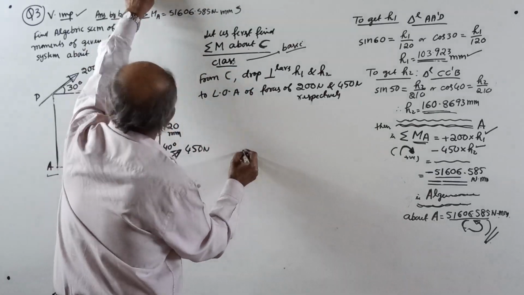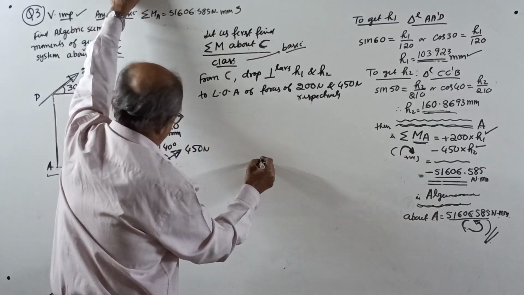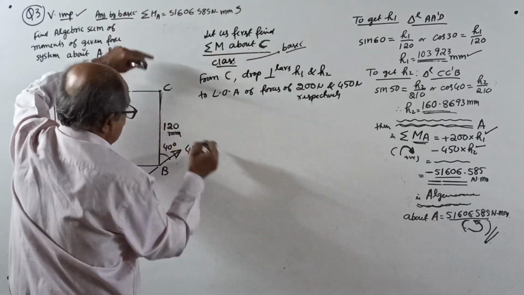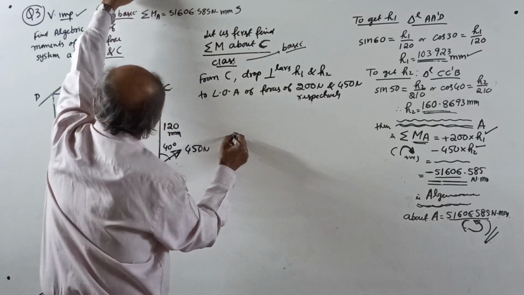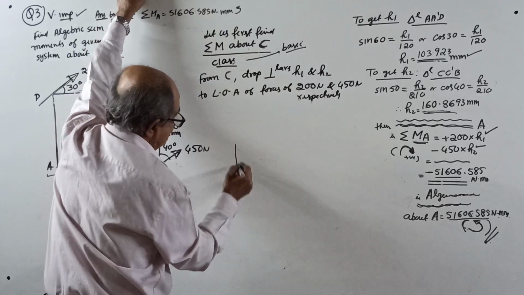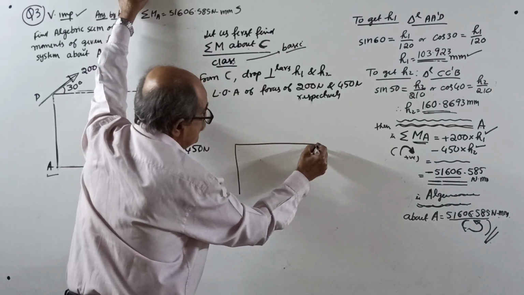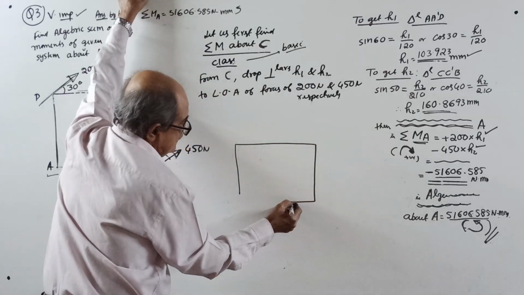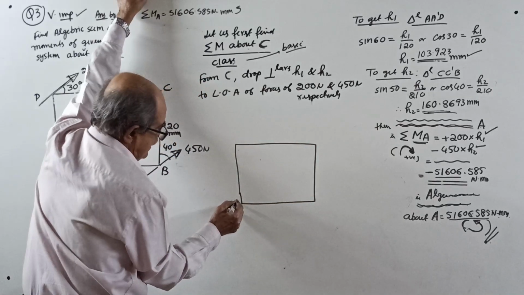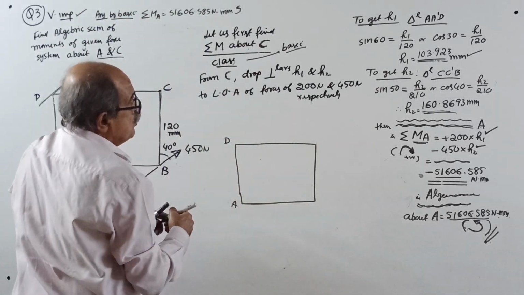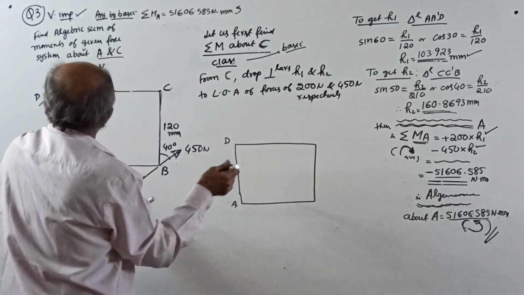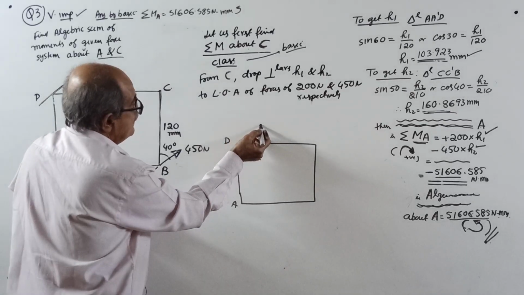450 now. I am saying where space is required, here. It's a small sketch I will write. Space problem here. A is not important. D. Now for the force I will use red color. This force is at 30 degrees.